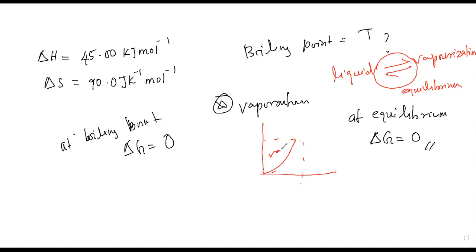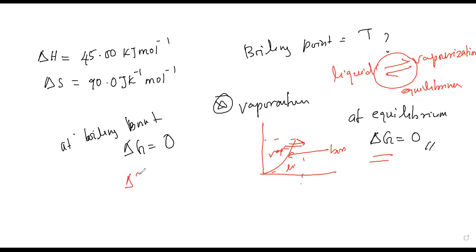This should be vapor, this should be liquid, and this is the boundary. In between this you will see the equilibrium. This is the phase transformation. So the reaction is a reversible equilibrium. The delta G is 0. At the boiling point you can say that delta G is equal to 0.